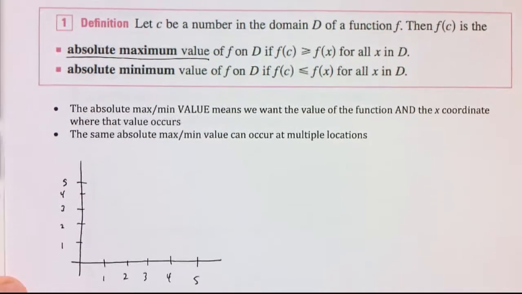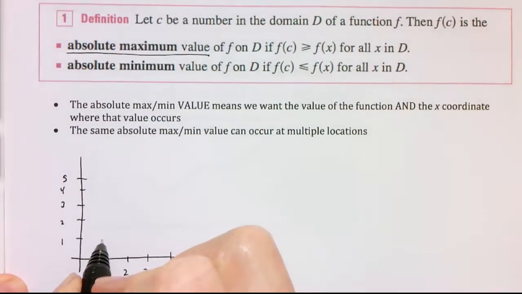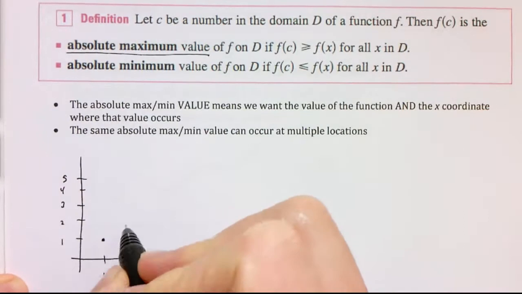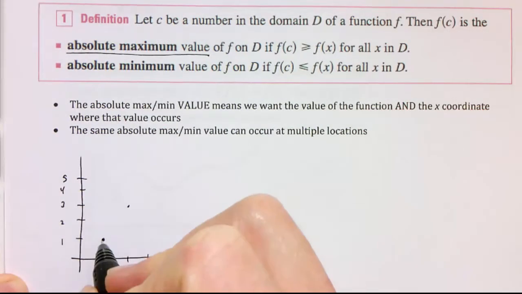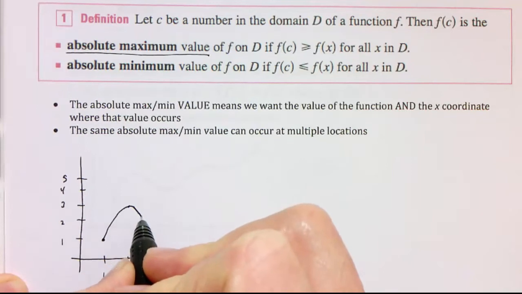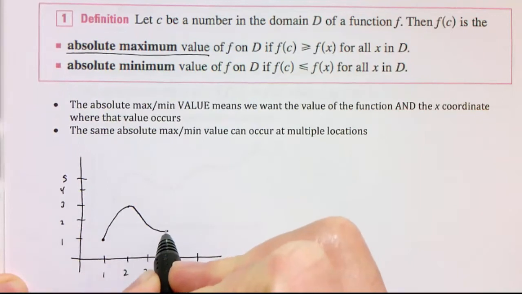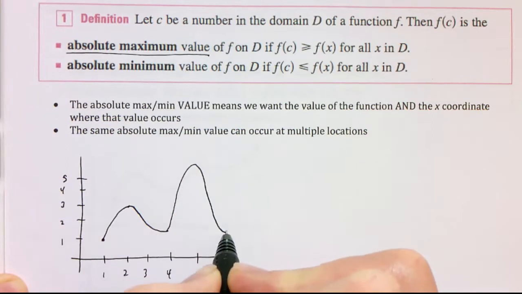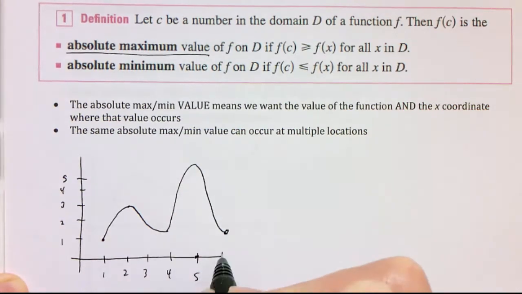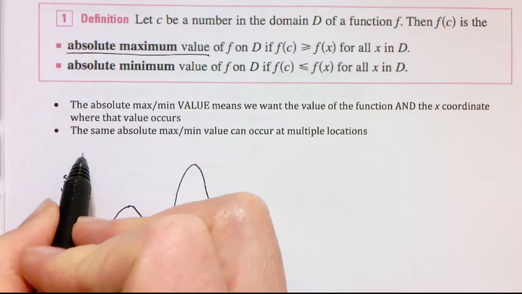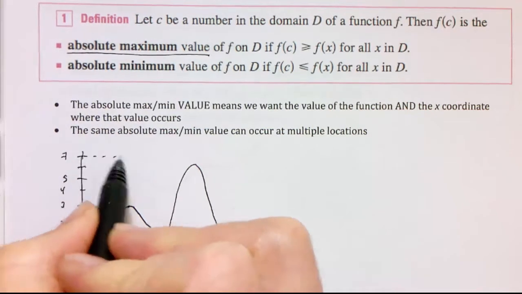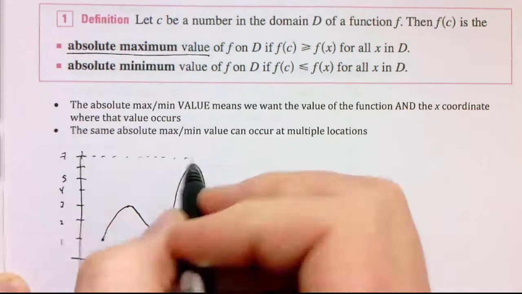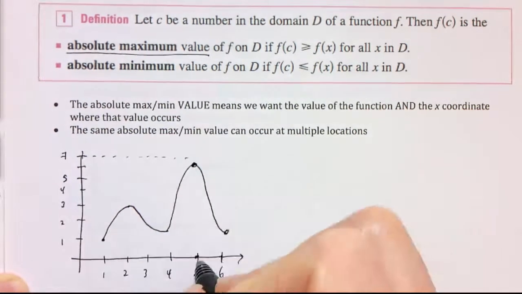So for instance, let's draw a function here. I'm just making this one up. Okay. An absolute maximum value means that the function is larger at that point than it is at any other point.